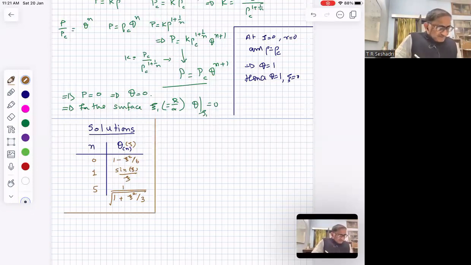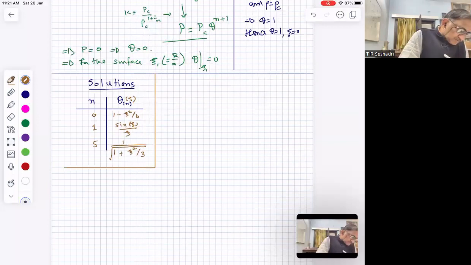Okay. Now, let us just consider this schematically. So let's consider the case of n equal to 0. Then what happens here? So let me plot here. This is theta, and xi.